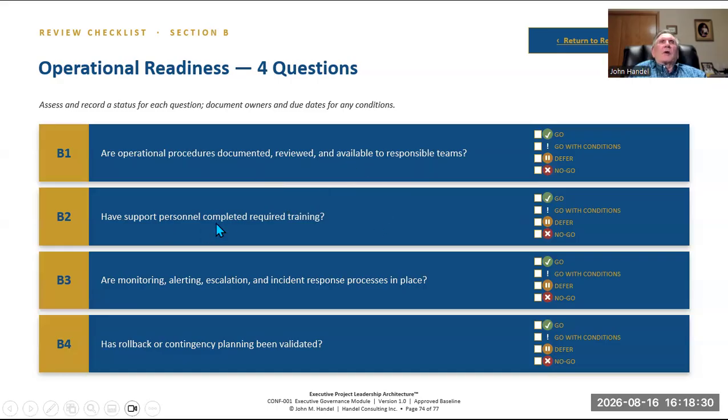Have support personnel completed required training? Again, integrated operational readiness. Are monitoring, alerting, escalation, and incident response processes in place? That's strictly an operational thing, but it also leads to what types of things you can test during the integrated operational readiness that would help you figure out what needs to be escalated.